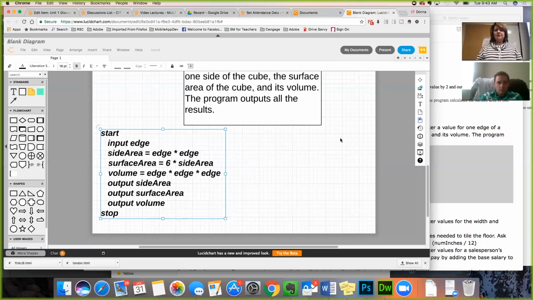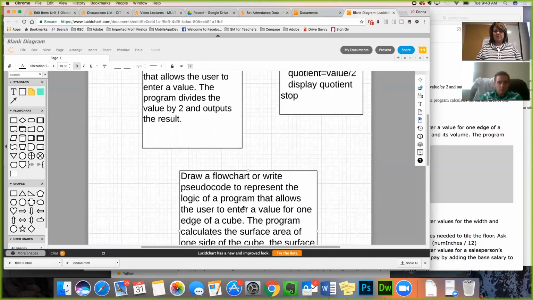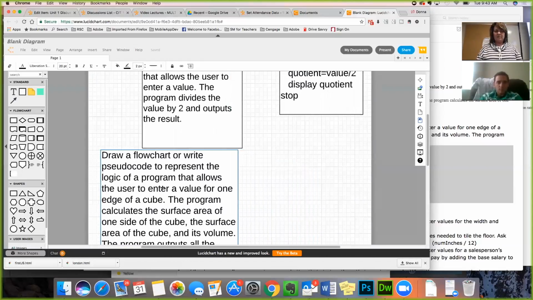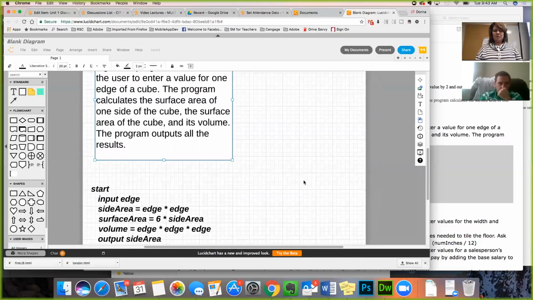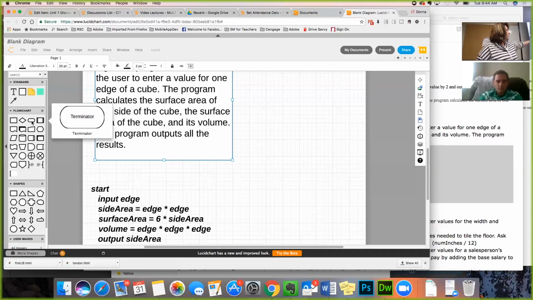If we wanted to do that with this problem, let me see if I can get all of it moved over here. Okay, so we want to make a flow chart. What's the start and stop symbol? No, the circle.